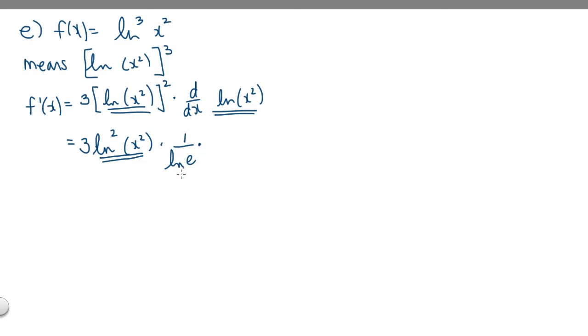So 1 times 1 over x squared, that's the first part of our chain rule, and then we need to multiply by the derivative of the inside function, so times 2x. So we've really used the chain rule twice here. We used it in the first step to deal with the cubed, and we've now used it again in taking the derivative of the ln of x squared.